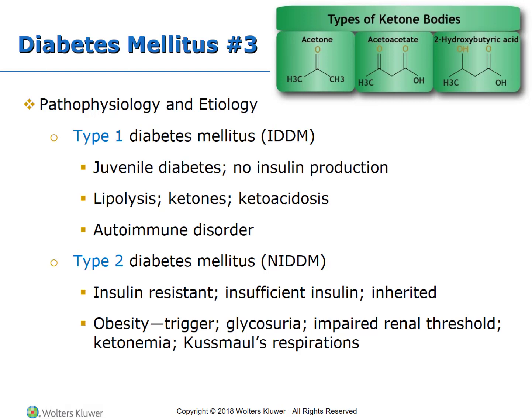So therefore, your body will try to compensate when you have an increased amount of sugar in the bloodstream, which we call hyperglycemia, right? So in order to get rid of the body's abnormal amount of glucose, your kidney will try to excrete it in the urine. When the kidney excretes the sugar in the urine, we call that glycosuria, right?